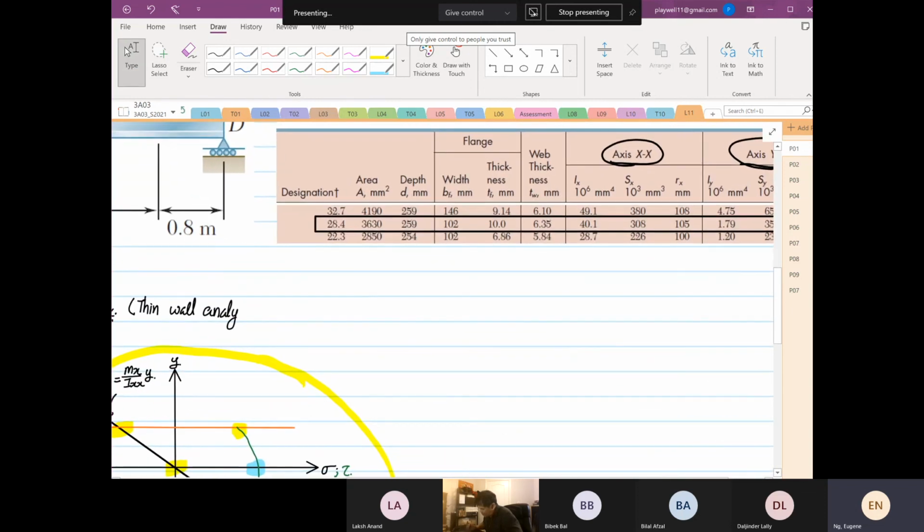What we are given for this problem is the maximum allowable normal stress.